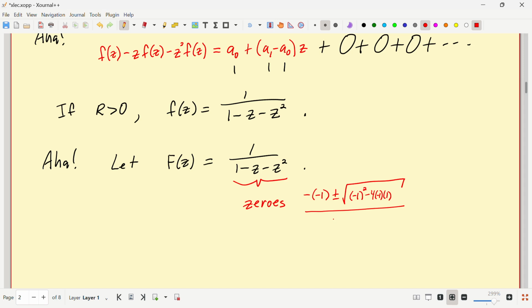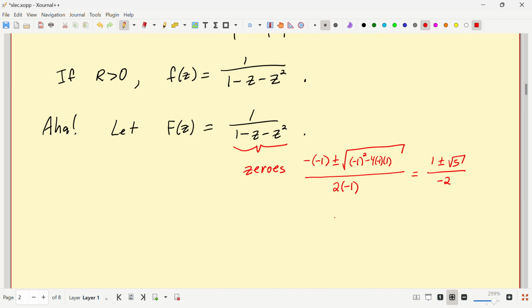So that would be 2 times minus 1. So that's 1 plus or minus the square root of 5 over minus 2.